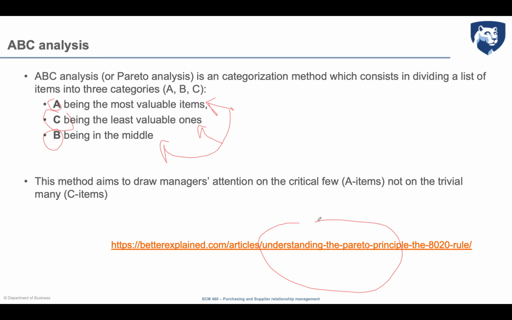The ABC analysis finds its historical root in the Pareto rule 80-20. If you are interested in understanding why it's named the Pareto rule, I put here a link that you can follow to understand why the Pareto principle 80-20 is well reflected in the concept of the ABC analysis.